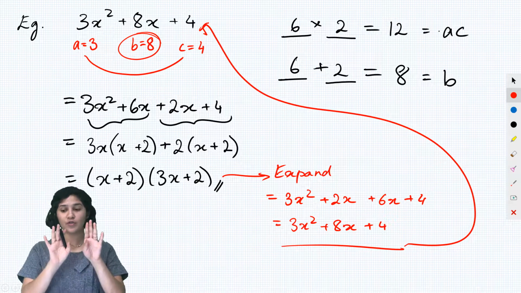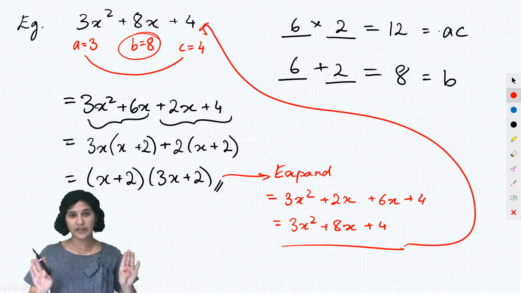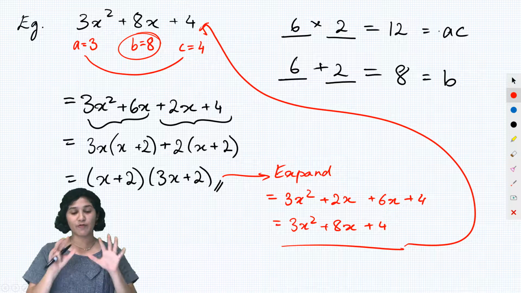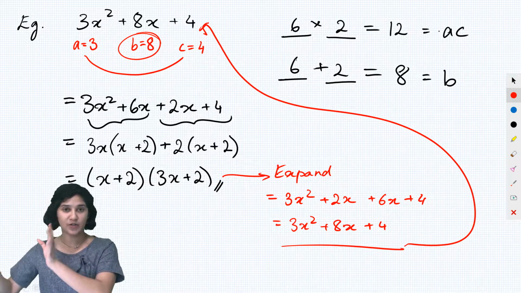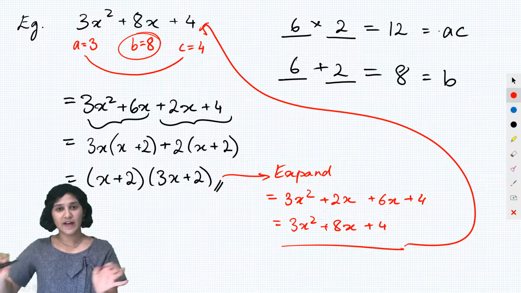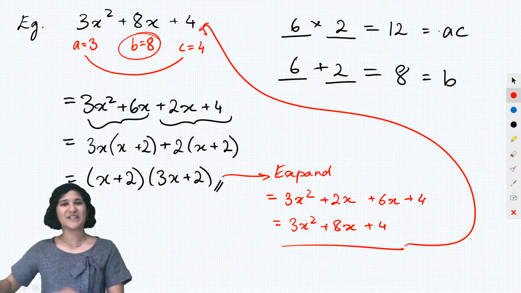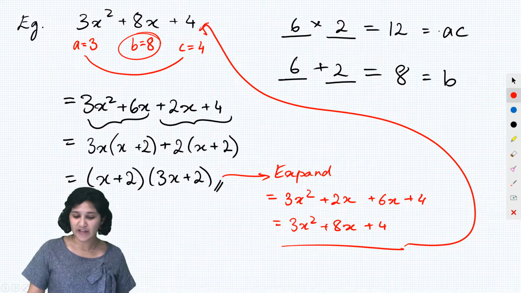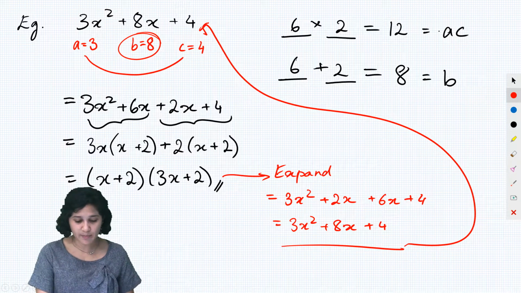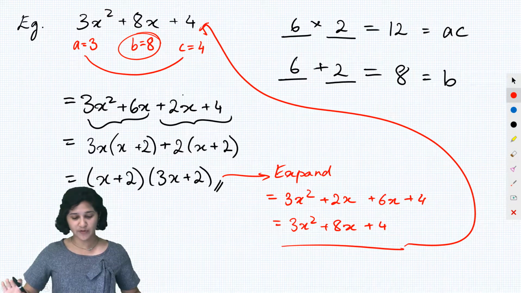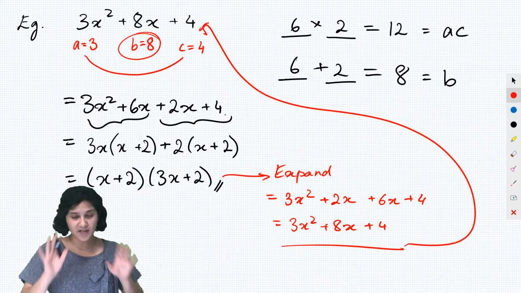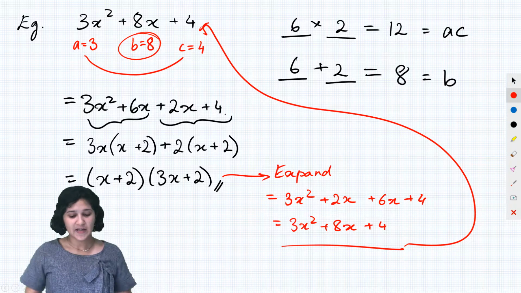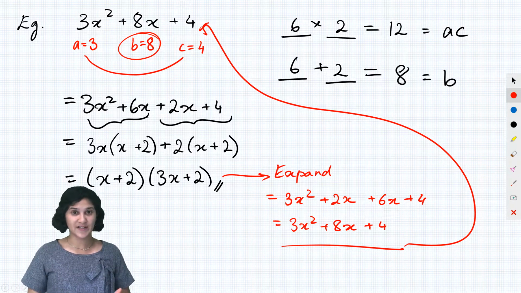Then we use those two numbers to split the middle term, and then we've got a 4-term expression that we group into the first two terms and the last two terms, factorize out of each, and then factorize out of that. So the key thing in this is it doesn't matter which order you split the middle term in, as long as you keep the first term and the last term in the right positions, okay? Then you can always group and factorize out.